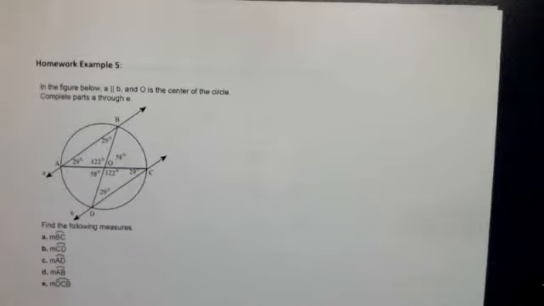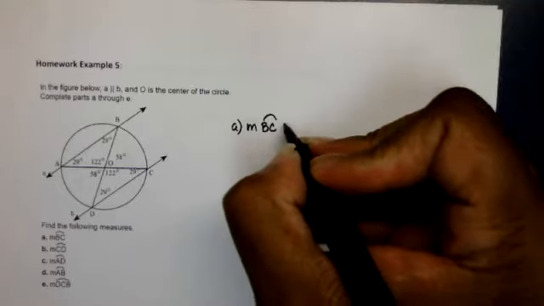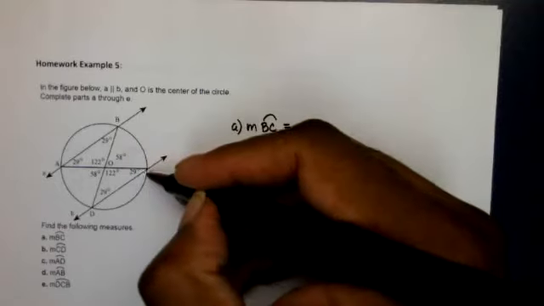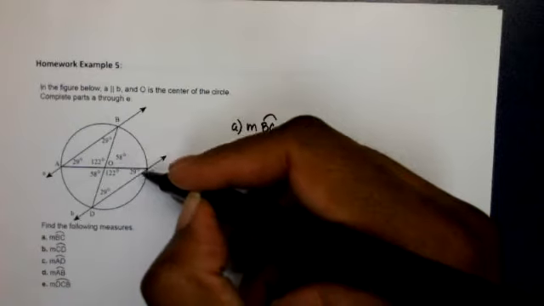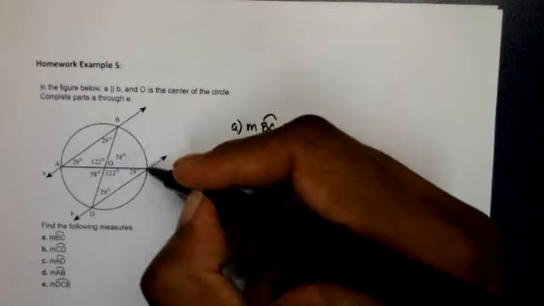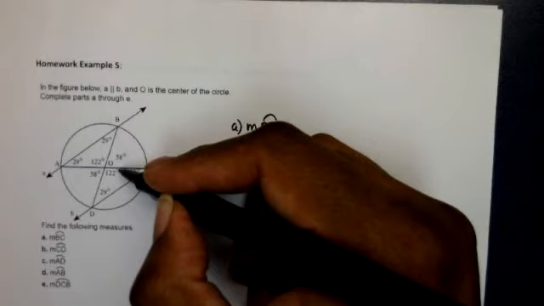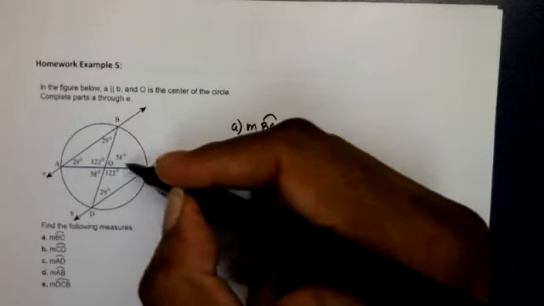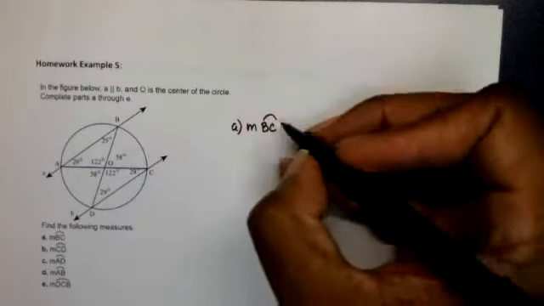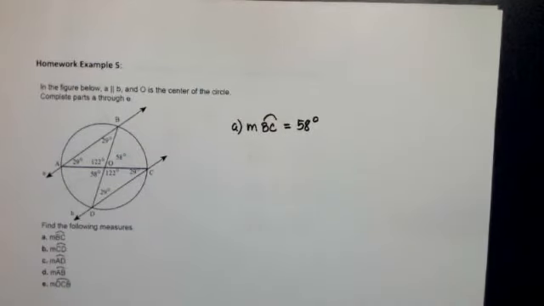Let's say the measure of arc BC. Here's BC right here. And I know this central angle here has a measure of 58 degrees, as you can see. That means that the measure of the arc has to be the same as the measure of the central angle. So central angle BOC is 58, then that means that arc BC must be 58 degrees.